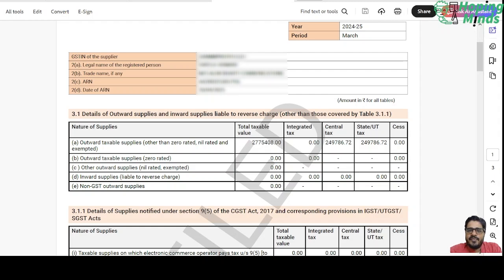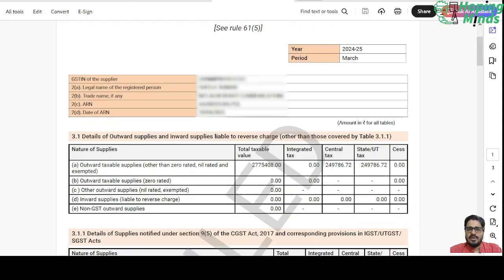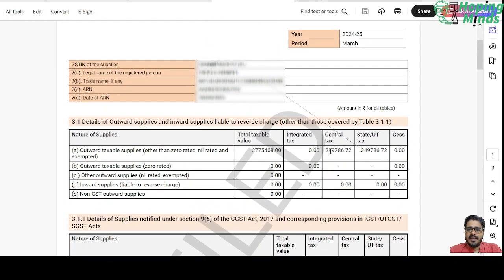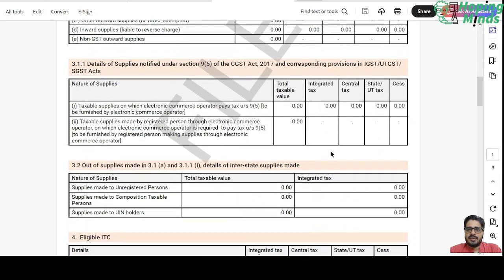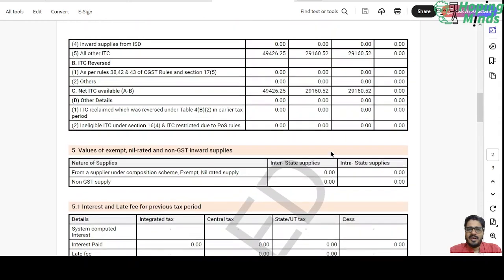Now let us see the GSTR-3B return and the corresponding GSTR-2B return from which input tax credit has been claimed. So let us see the total input tax credit that has been claimed in the GSTR-3B return. Here's the all other ITC that has been claimed in the GSTR-3B return.